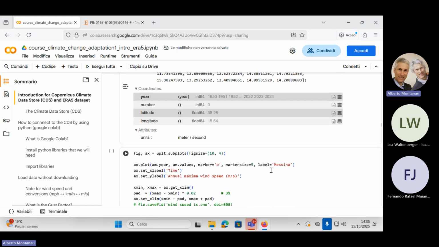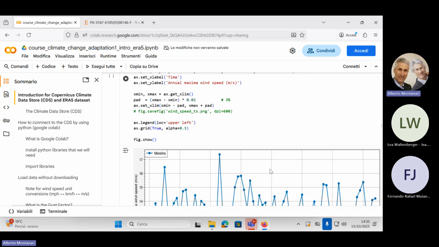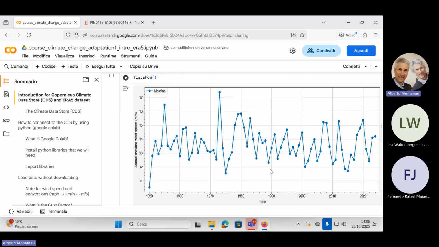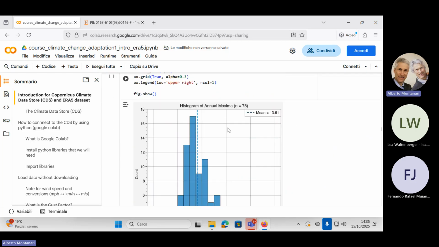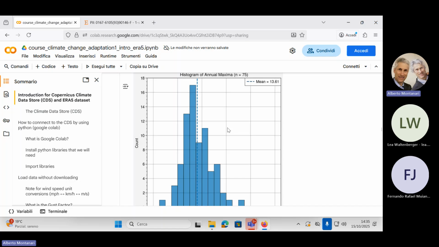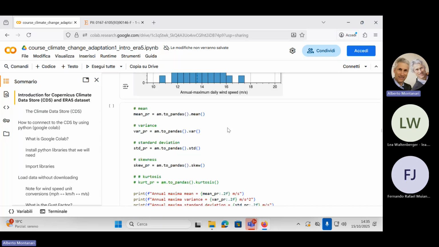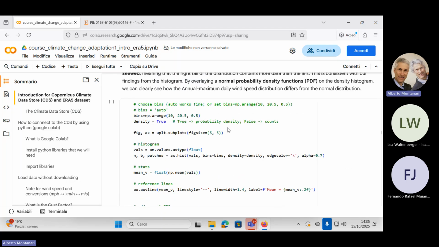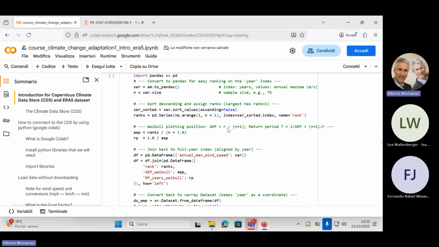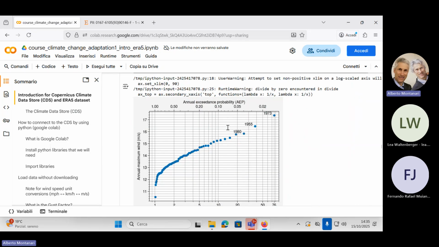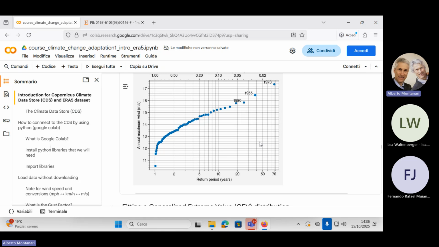These are annual maxima from 1950 at Messina. Here there is the histogram of the annual maxima, so basically the density distribution. And here there is the annual maximum wind against the return period.